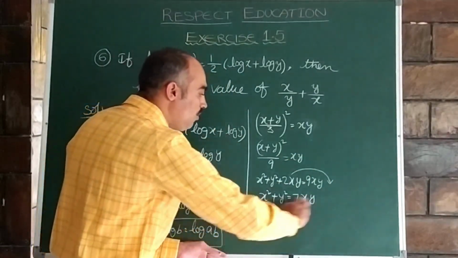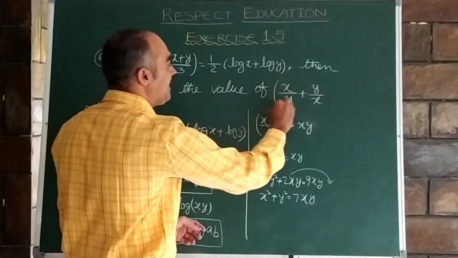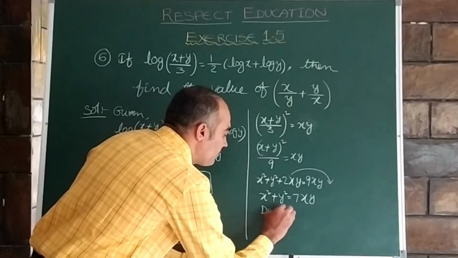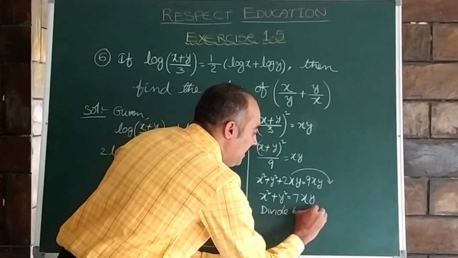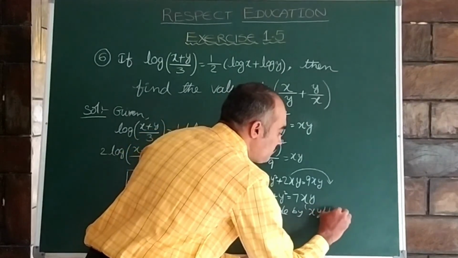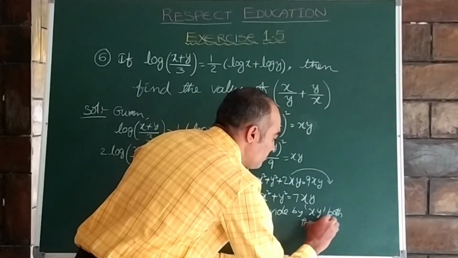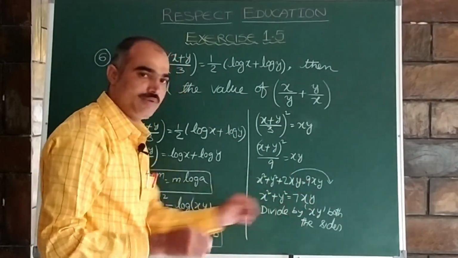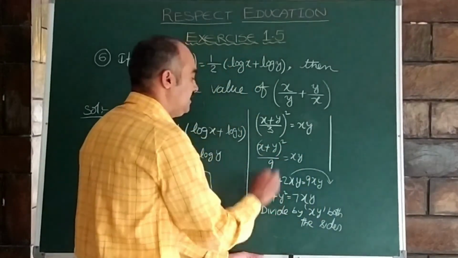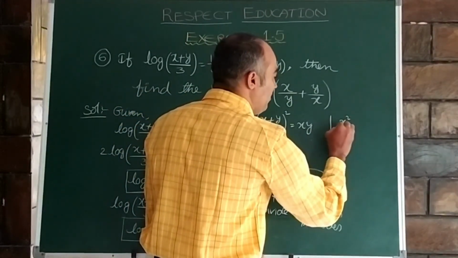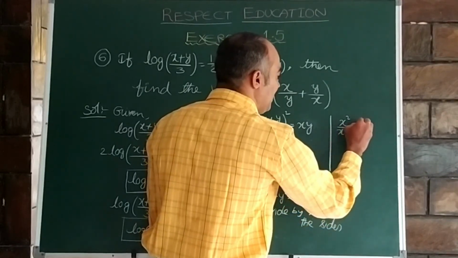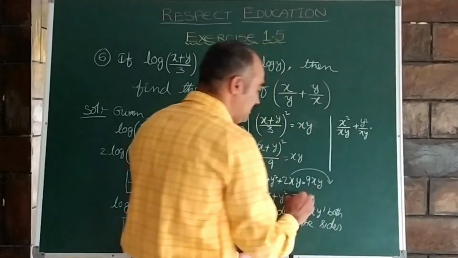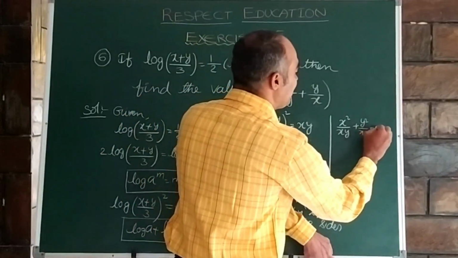Now divide the equation throughout by xy, because here we need x by y plus y by x. When we divide this equation on both sides by xy, let us see what happens. x square by xy plus y square by xy is equal to 7xy by xy.